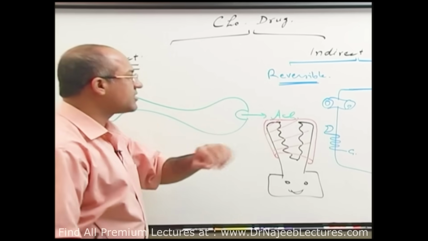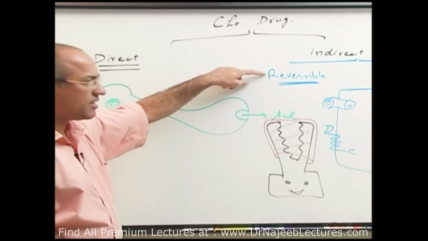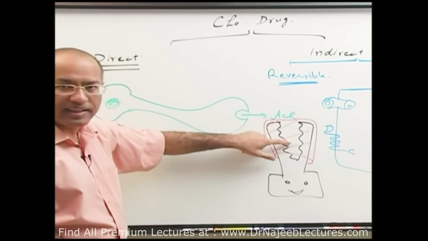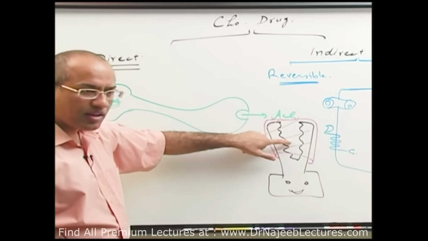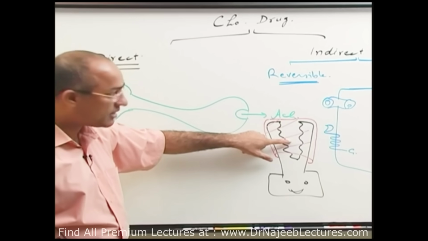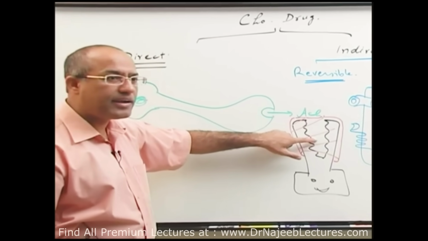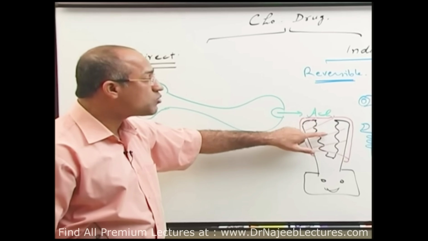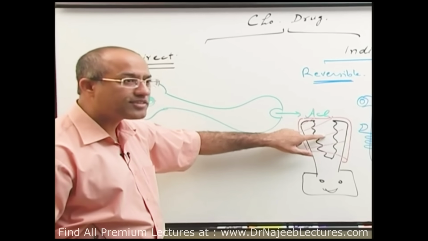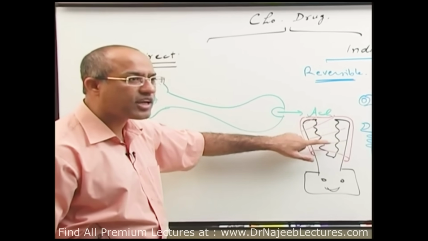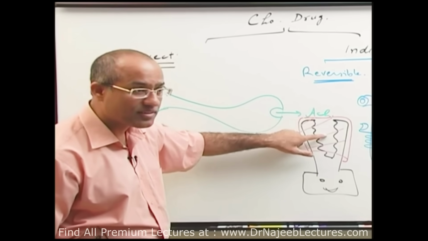What I mean by this, listen carefully: there are some drugs which bind with this enzyme, and the enzyme keeps on working on those drugs, but it takes a very long time for the enzyme to get rid of those drugs.